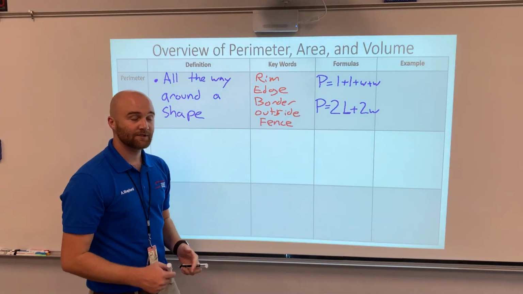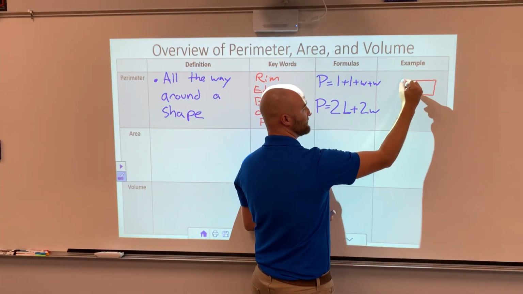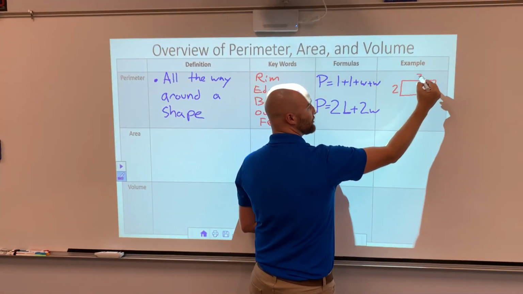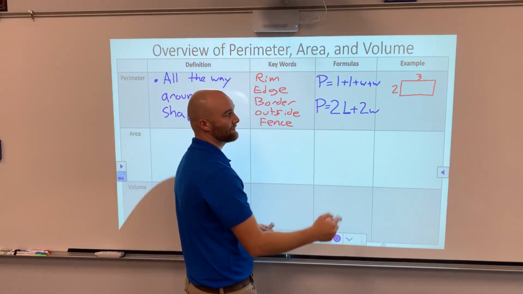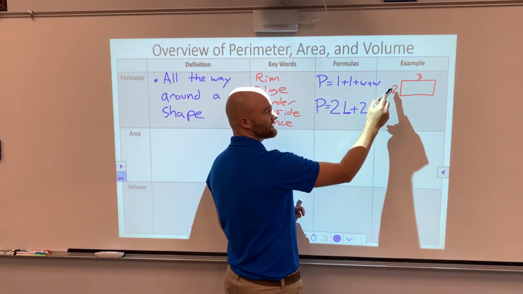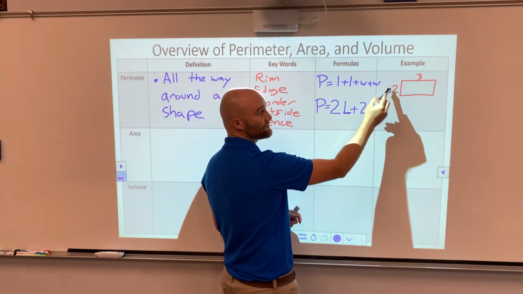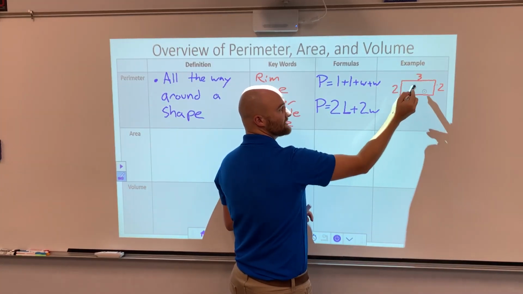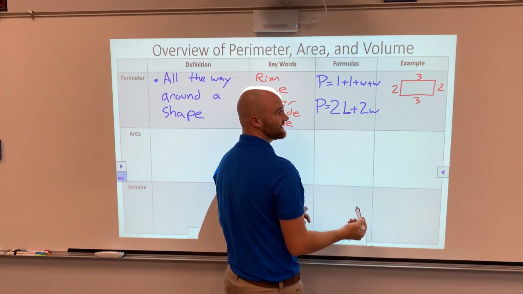Then I'm going to draw an example in there. So here, I'm going to draw in a little rectangle. I'm going to say this is a 2 by 3 rectangle. To find my perimeter, I'm going to say 2 sets of 2 and 2 sets of 3. 2 times 2 is 4 because there are 2 sets of 2. 3 times 2 is 6 because there are 2 sets of 3, which gives us 6.